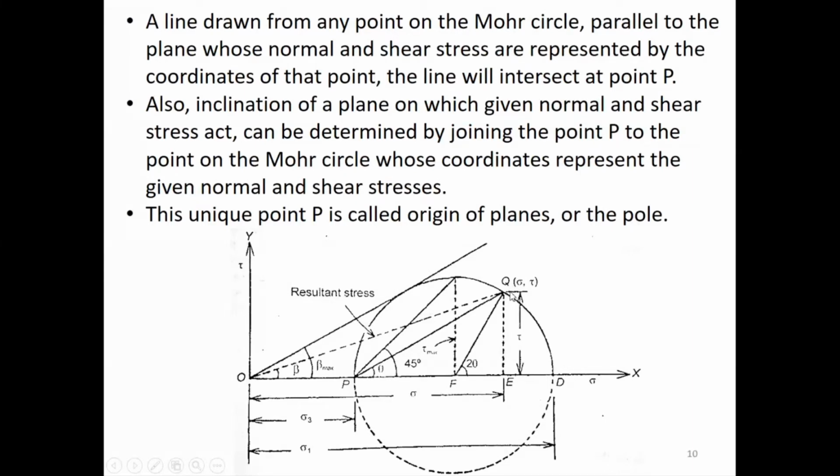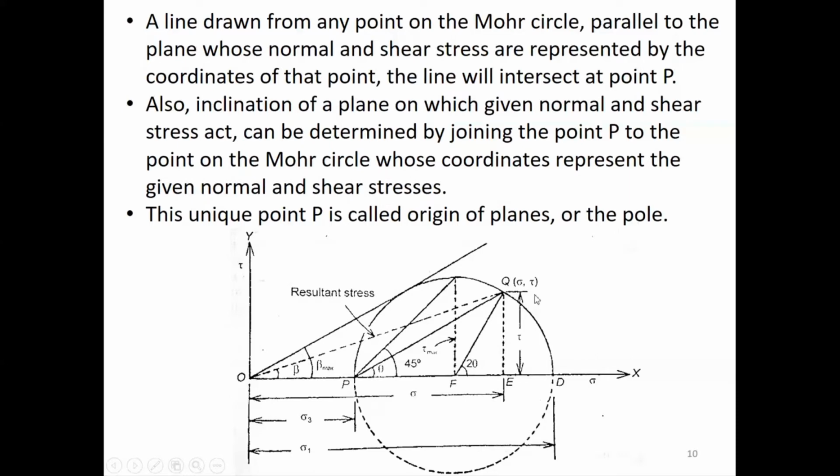Then from the point Q, I will draw a line that passes through the point P, or the pole. That line will make an angle theta with the major principal plane, and this system of stresses, this sigma and tau, will be acting on a plane which is inclined at theta. Suppose you didn't know the theta initially and you knew only the normal and shear stresses.